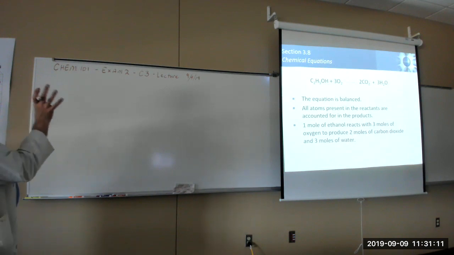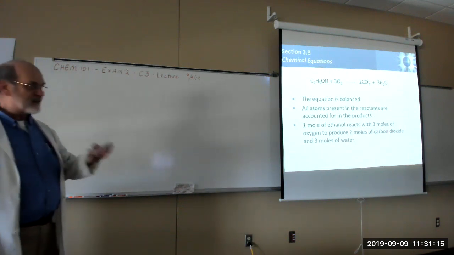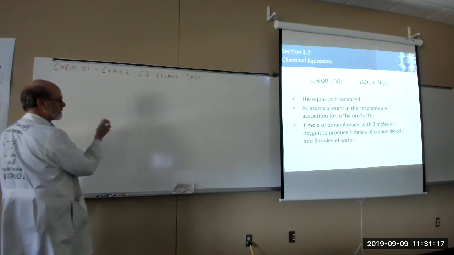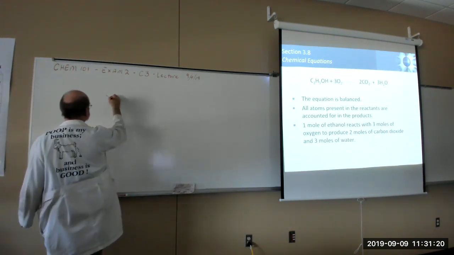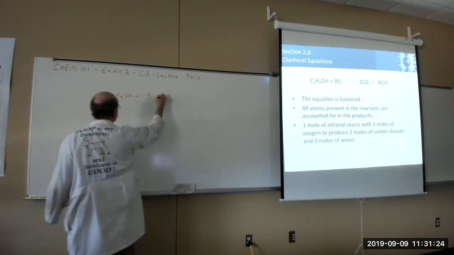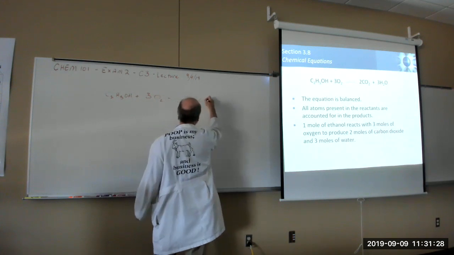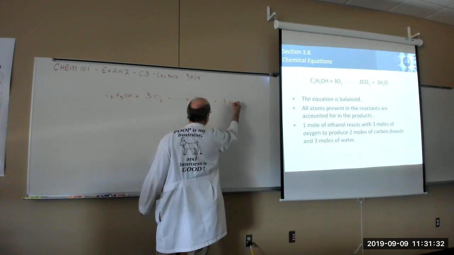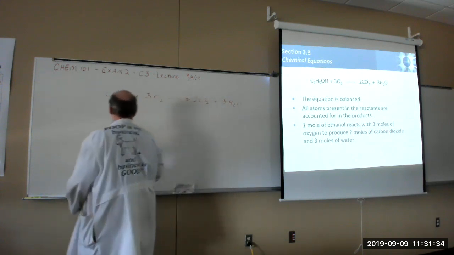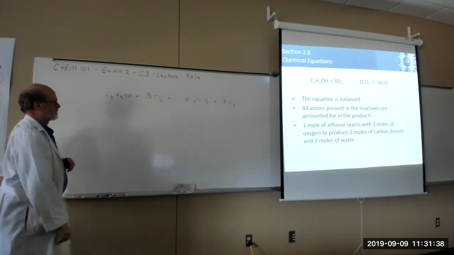Okay, the way this one is given, we're balanced. And the way to tell whether we're balanced or not is, say, C2H5OH plus 3 oxygens yields 2CO2 plus 3 water. So I set up a budget, right? What are the elements?